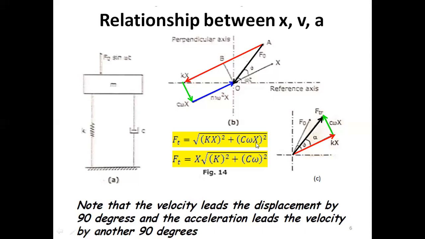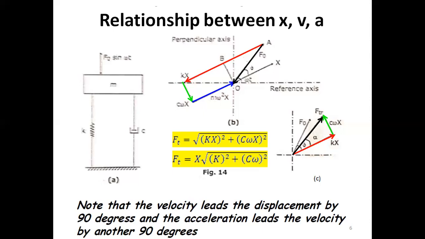We could take X common, which would be X square, and take it out of the under root sign. So the magnitude of the transmitted force is equal to capital X under the root k square plus c omega whole square.